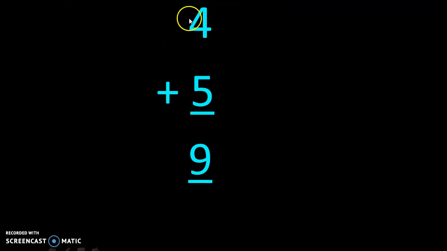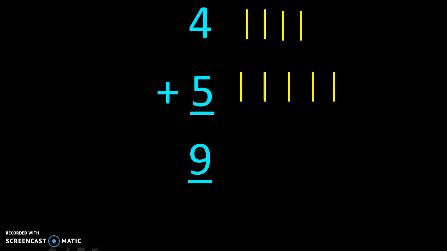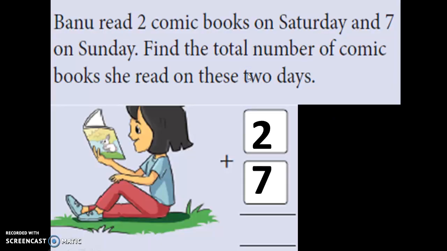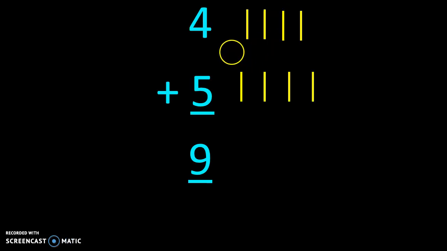Yes. It is 4 plus 5 equal to 9. Shall we check? Here it is 1, 2, 3, 4 and here it is 5. So 1, 2, 3, 4, 5. Now I am going to add these lines. 1, 2, 3, 4, 5, 6, 7, 8, 9.